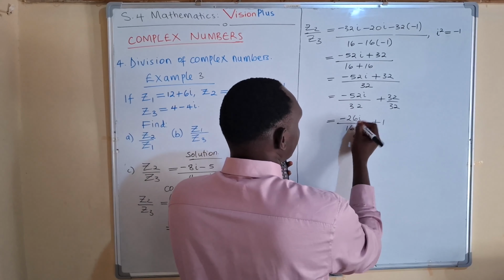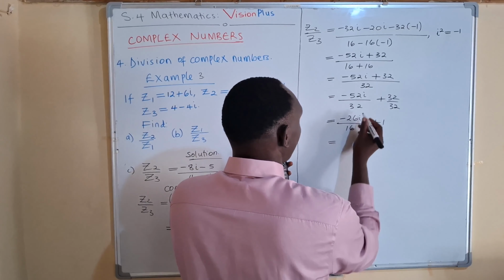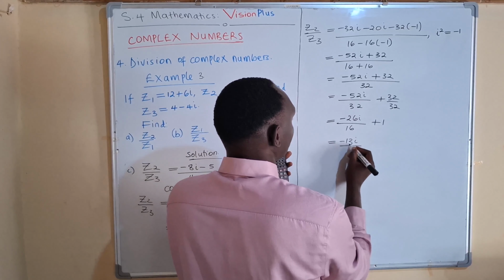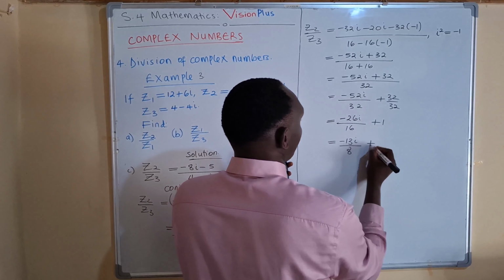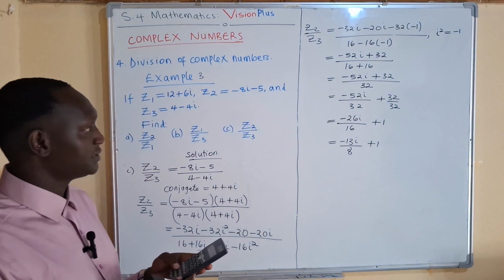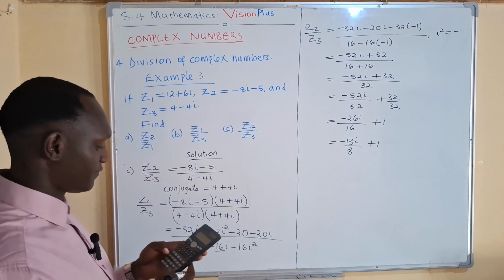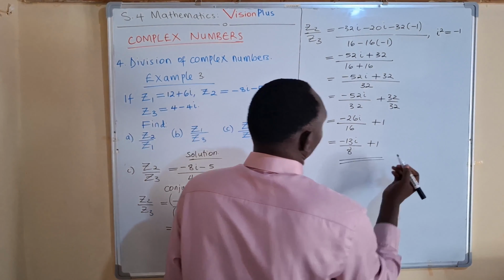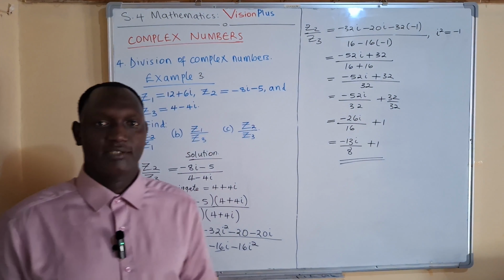We can also further simplify this by 2, negative 13i over 8, plus 1. Simply we could just say 52 divided by 4. Yes. So this is the answer for the last part of this question.